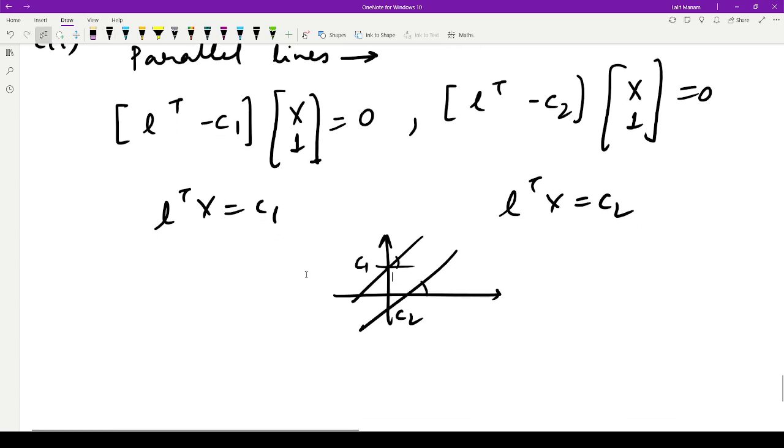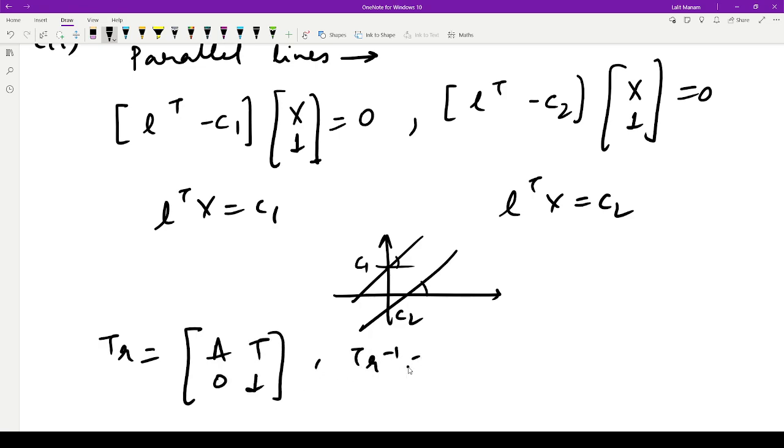Given this, we have defined what parallel lines are. What we have to see is whether, with the transformation, parallel lines are still parallel lines or not.